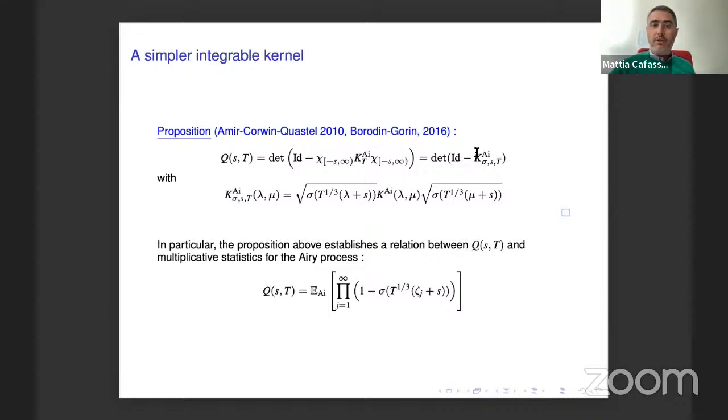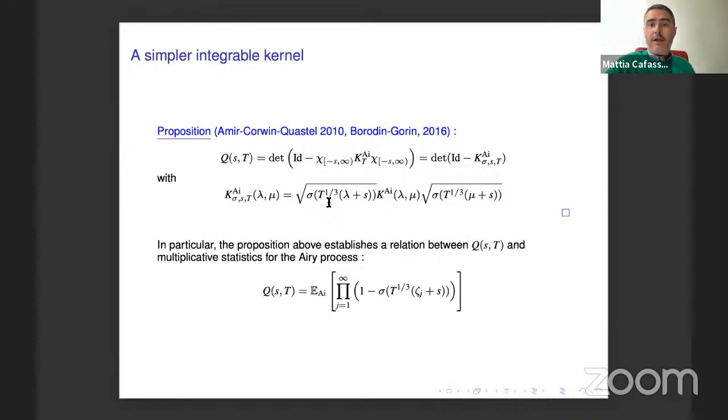With a kernel which is here denoted with K_Ai,sigma,s,t. And it's written here. It's just that you take the classical Airy kernel and you multiply on the left and on the right by the square root of this logistic function, sigma, which you translate by s, and you multiply by t to the power 1/4, okay?